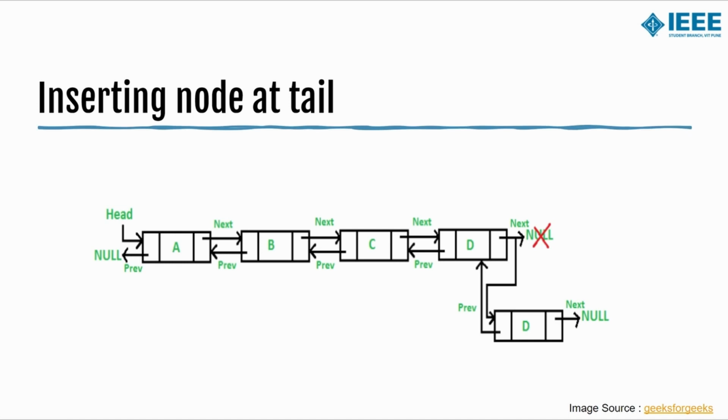The next pointer of that node will be equal to null, and after that particular node we are supposed to insert our node. So the next pointer of the current tail node has to point towards our new node, and the previous pointer of our new node is supposed to point towards the previous tail node. Just like that, we are supposed to create one more new function and test the code that we have previously coded. So let's move on to the coding part.